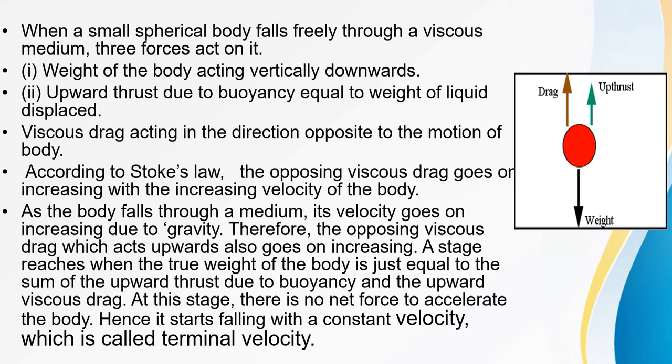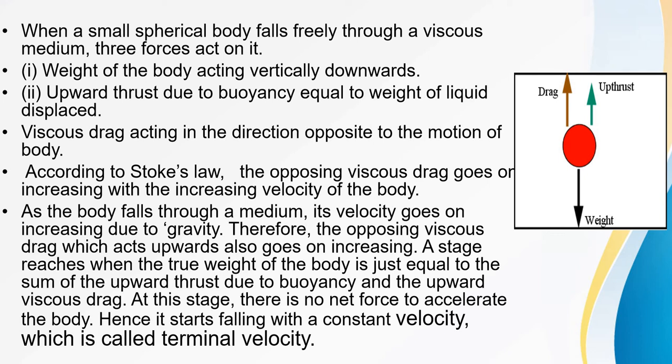So automatically we can say that its velocity will be gradually increasing. As velocity increases, what happens? Viscous force also increases. And a stage will be reached when the actual weight or true weight of the body is just equal to the sum of the upward thrust due to buoyancy and the upward viscous force.